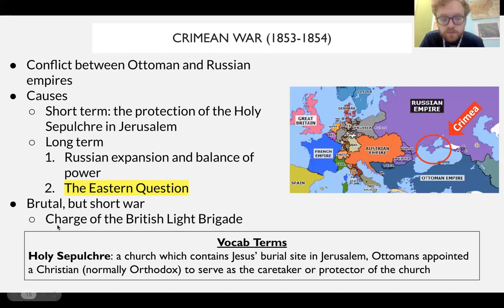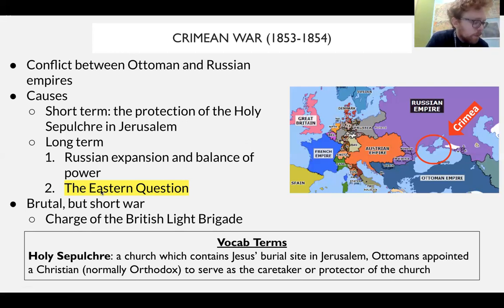It's the notion of how the Ottomans will be divided up once they finally go away. The writing's on the wall. It's only a matter of time. So Western Europe is considering, how are we going to divide up the former Ottoman Empire so that we maintain a balance of power? That's very much an interest of Britain and France getting involved in this war.